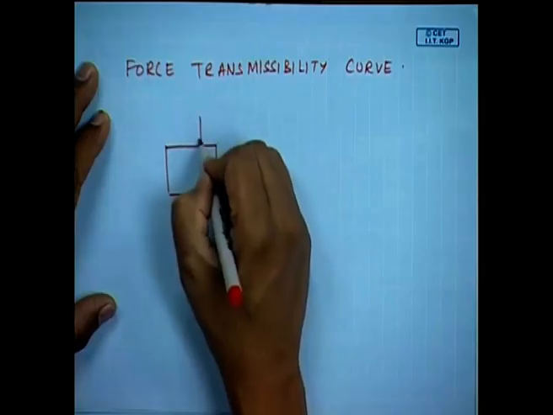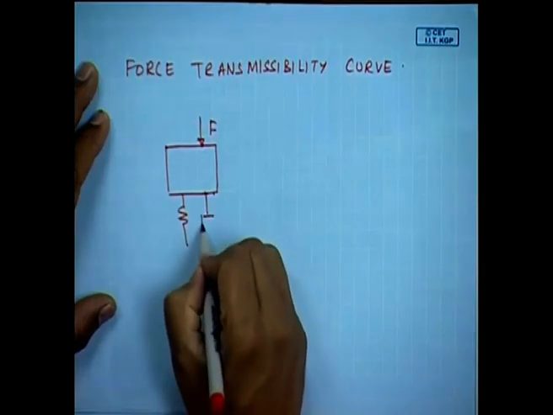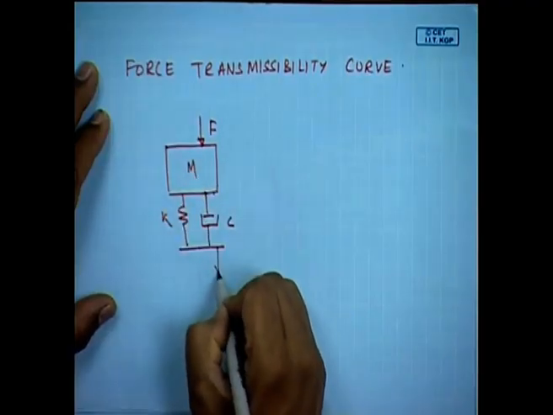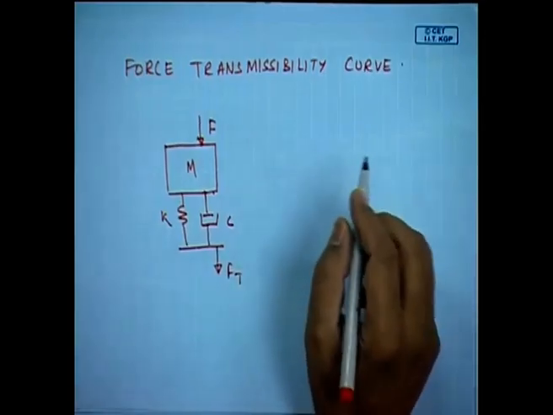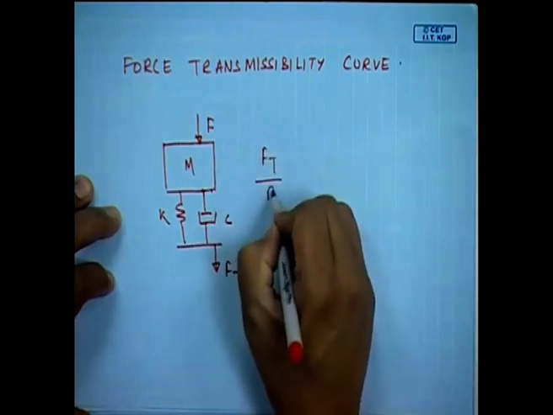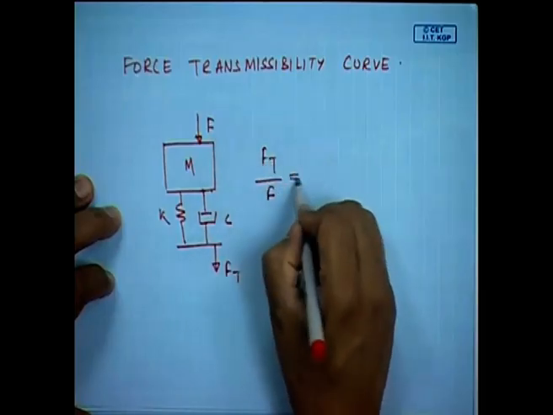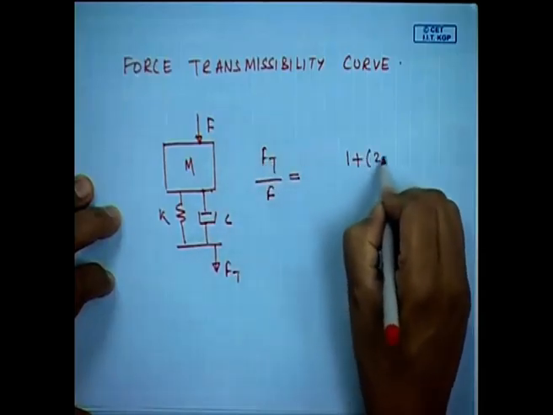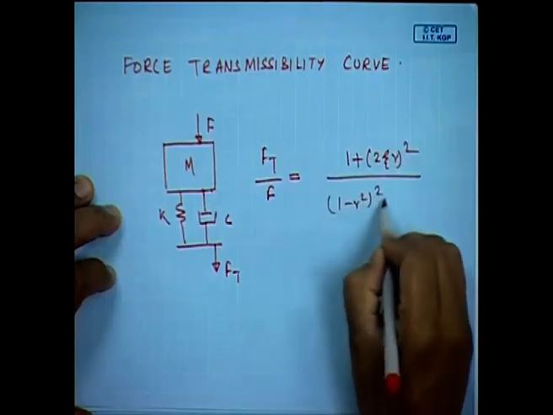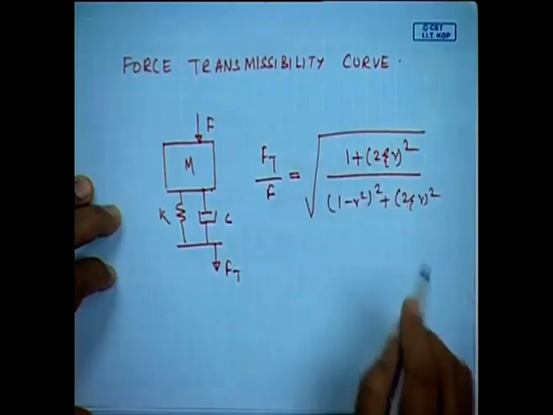suppose I have a body which generates a force F, and there are certain stiffness, damping, etc., and this is the transmitted force F t. If you calculate this force transmitted to the applied force, this applied force or the force which is originating because of the dynamics of the machine is given by, okay.